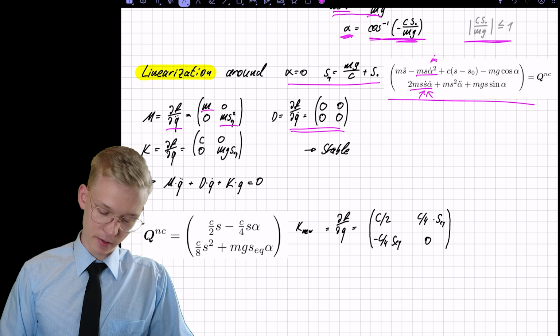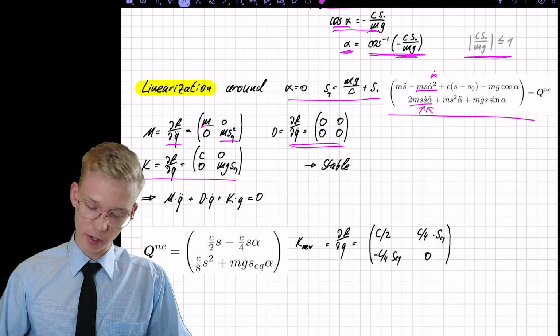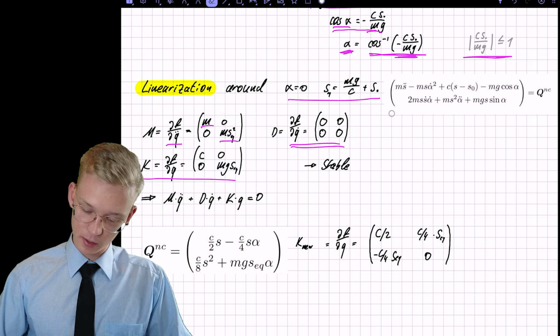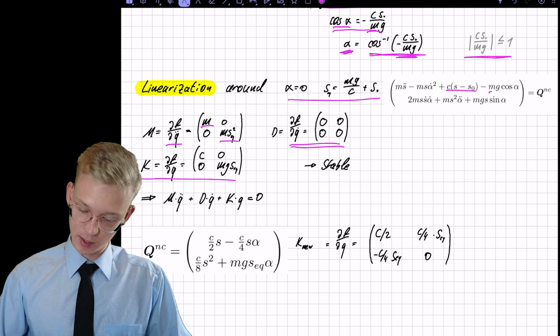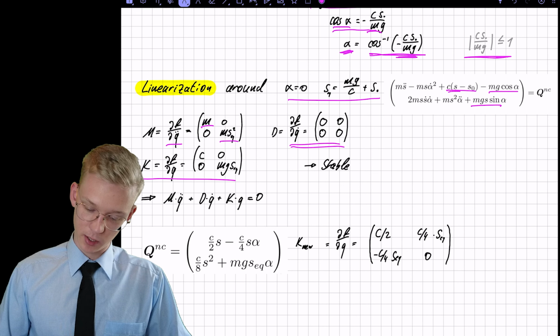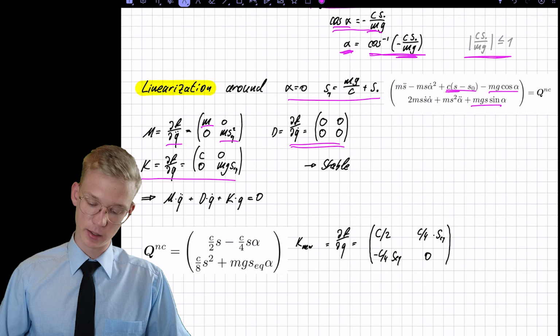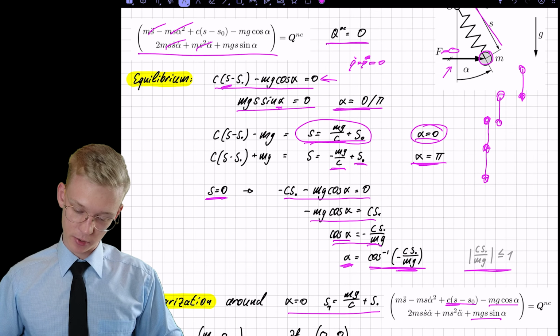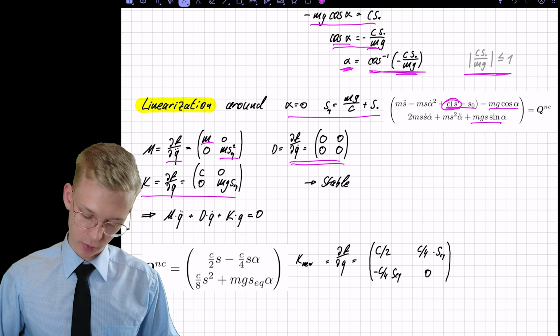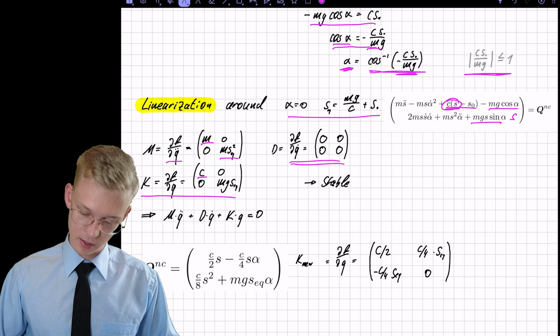Then for K, we do the same thing, but we only look at the terms that have a Q. So that would be this term, and this term and that term, and this term. If we look at what our coordinates were, S and alpha: if we look at the S, in this part we have a c, we have no S here.